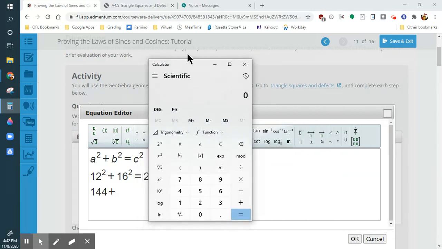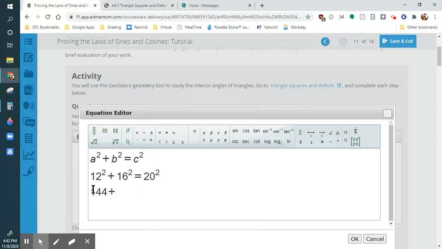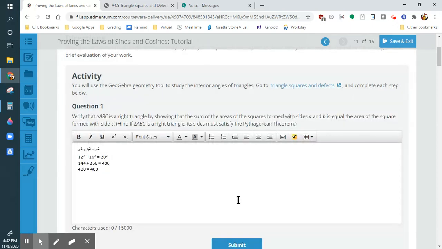So you can use their calculator, but I like using mine. 16 times 16, 256. Equals 20 times 20 is 400. It's just 2 times 2 is 4, and we're going to double those zeros. And this works out. So that's what it means by verify it.